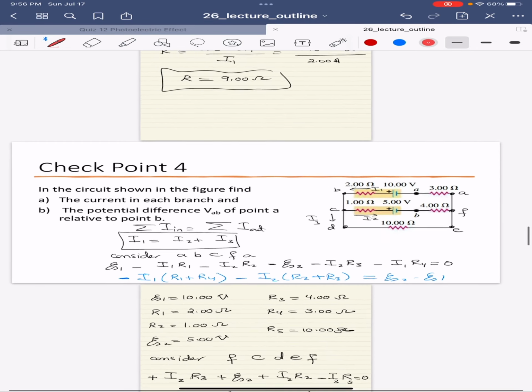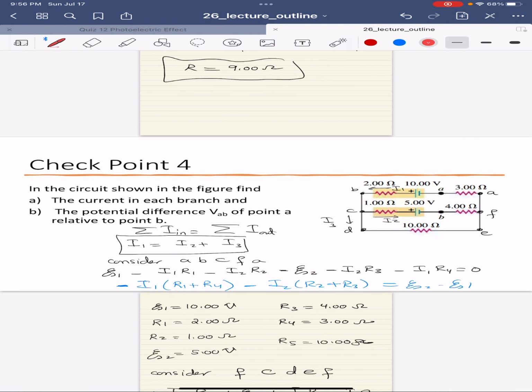Here I have another example, a typical Kirchhoff's laws problem, where I have resistors and EMFs around, and I need to find the current in each branch and the potential difference VAB of point A relative to point B. Now I will say sigma I in equals sigma I out.